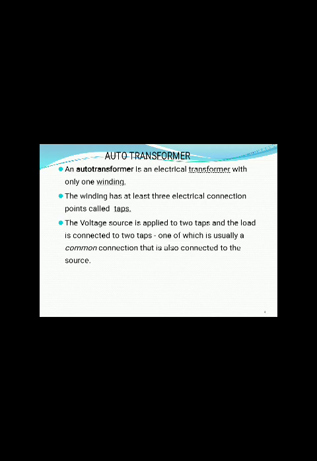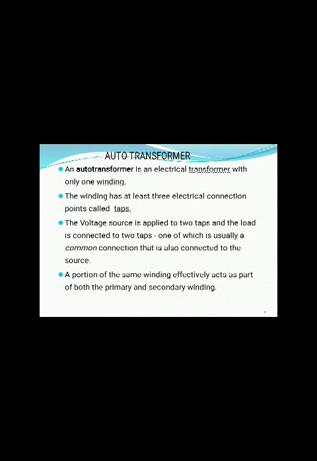The voltage source is applied to 2 taps and the load is connected to 2 taps, one of which is usually a common connection that is also connected to the source.